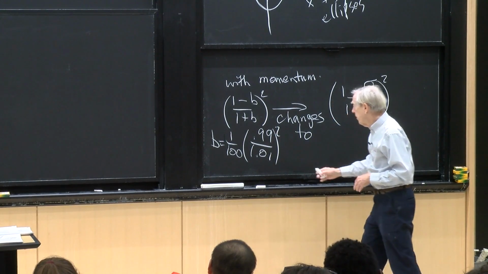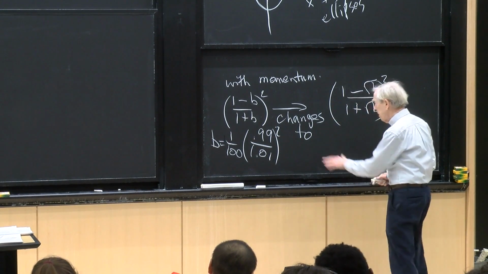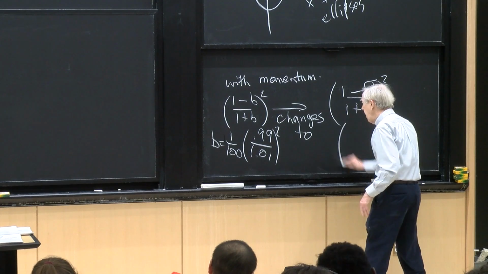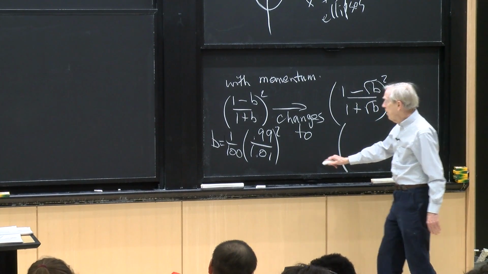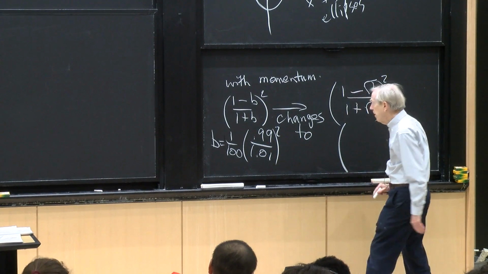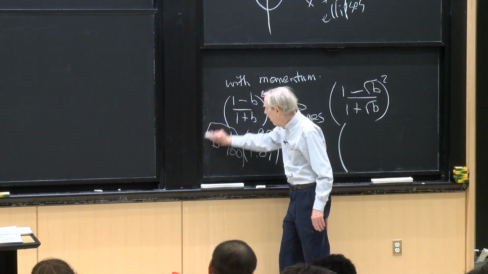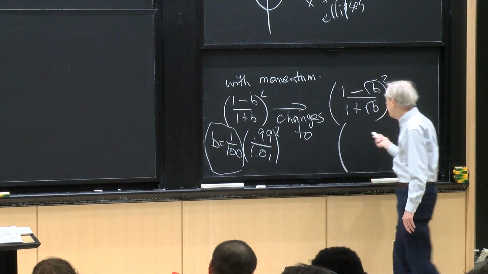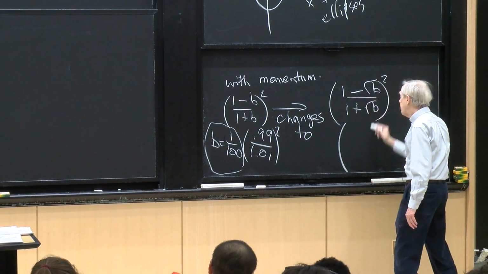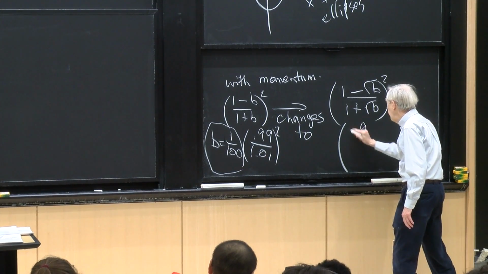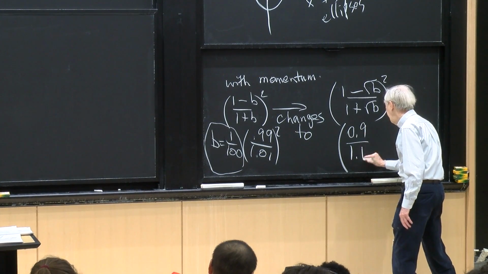So that's close to 1, and now let's compare that with what we have. If b is 1 over 100, then square root of b is 1 over 10, so this is 0.9 over 1.1 squared.